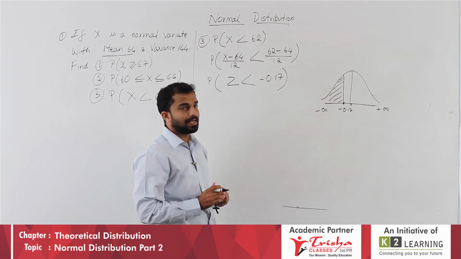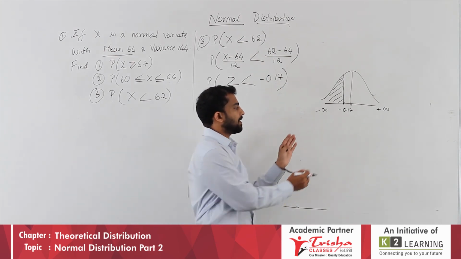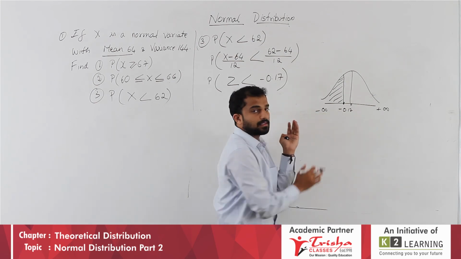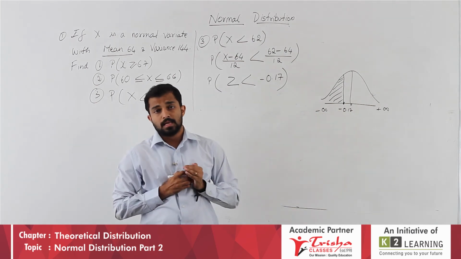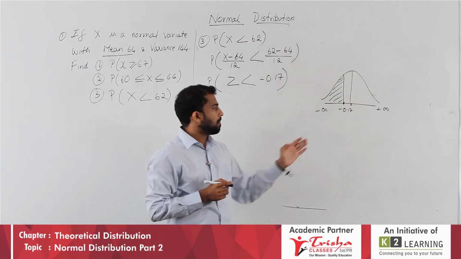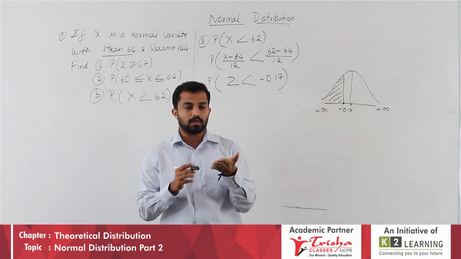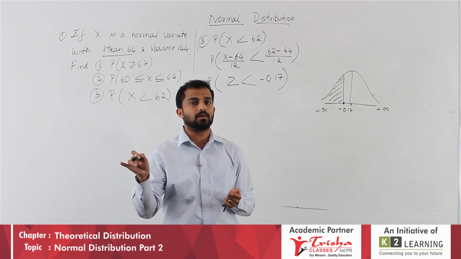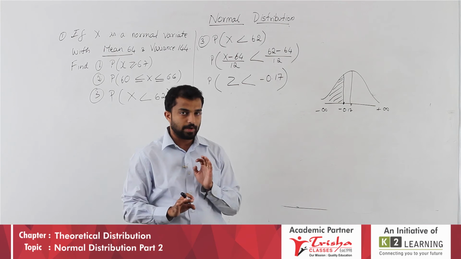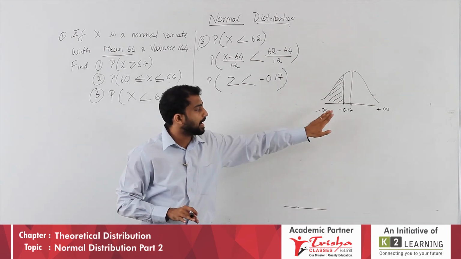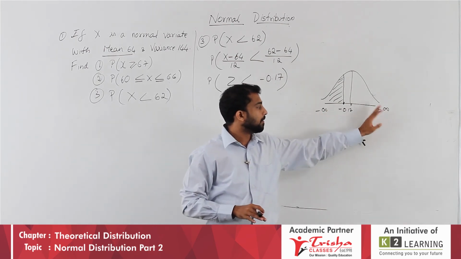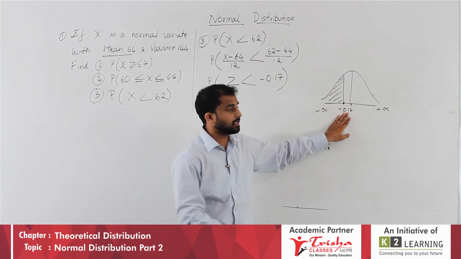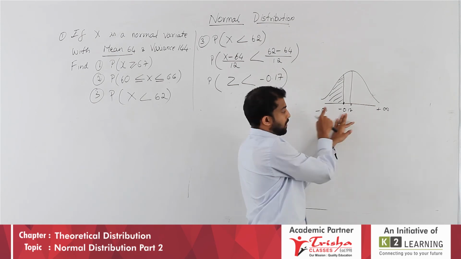How will we find this area, students? Now we do not have in our standard normal tables the area from minus 0.17 to minus infinity. Don't get confused here. Some of you might directly look at minus 0.17 in your Z tables and write down the value. No, we do not have the value for minus 0.17 to minus infinity. What we have in our books is minus 0.17 to plus infinity, not minus.